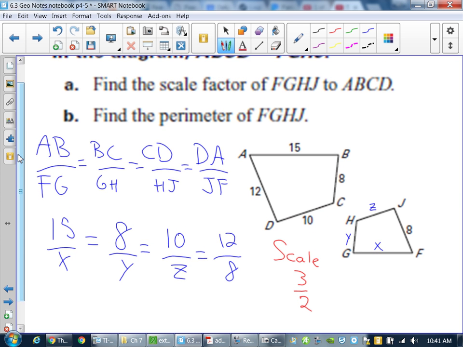So if I wrote my scale factor from the big to small as 3/2, what is the scale factor going from small to big? Flip it. What is it? 2/3. So this is about as goofy as they make this stuff, that they're going to ask you for the opposite scale factor. It's just a matter of reading what you know.